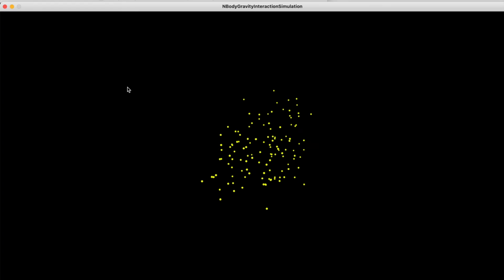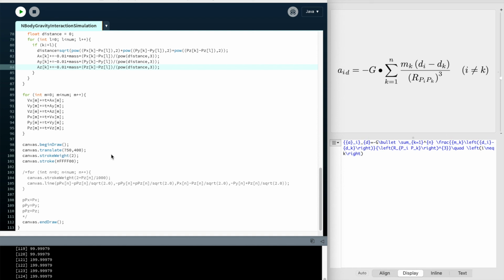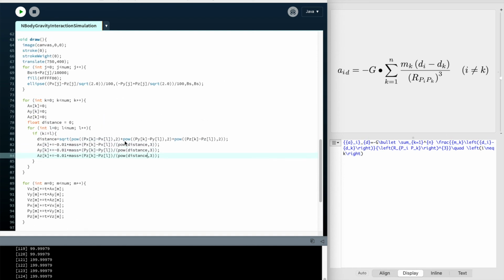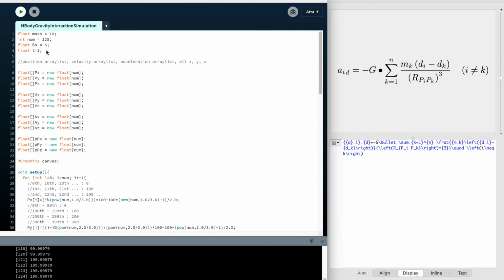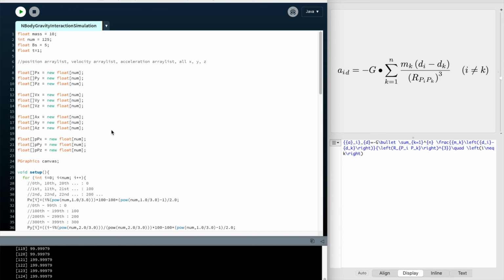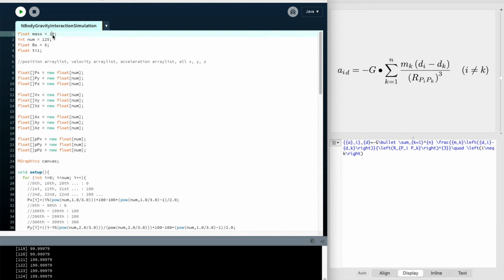Yeah, it's still doing that. Oh no. The mass is smaller, maybe.